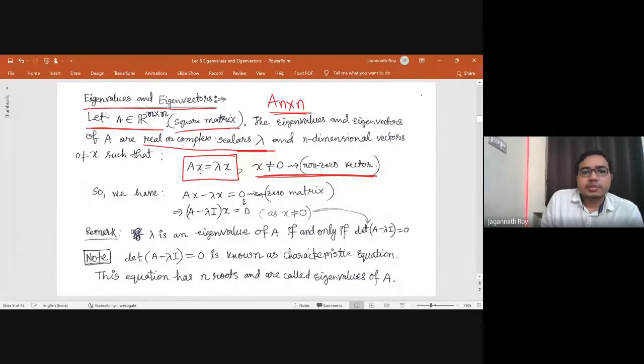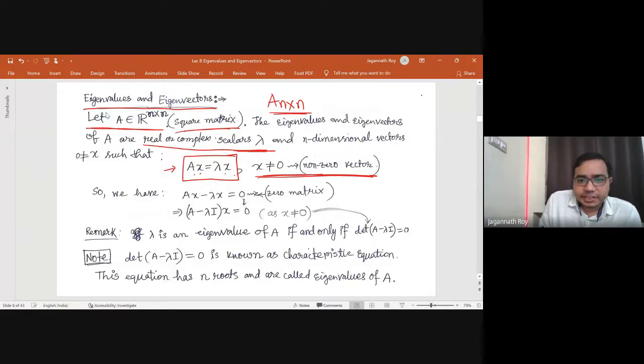See, this is a very simple equation, just Ax equals lambda x. But in fact, this will be the most important equation in linear algebra or matrix theory. Very simple equation, but very important, very powerful.